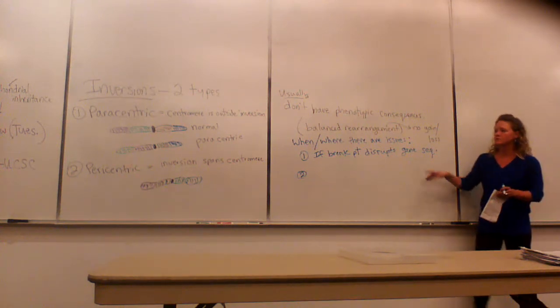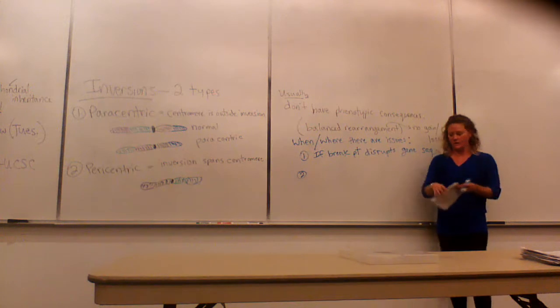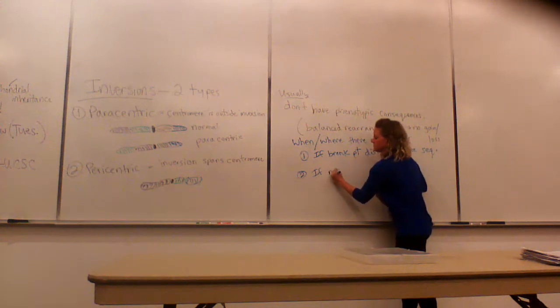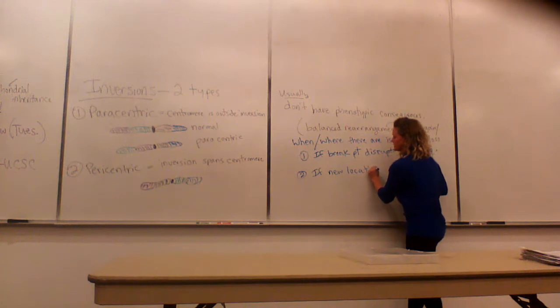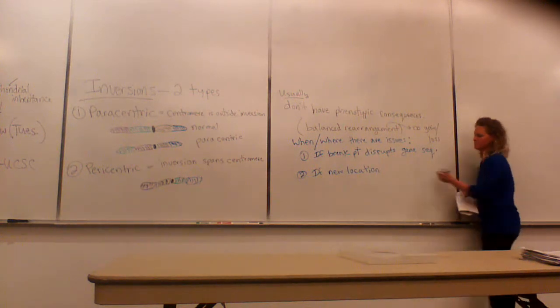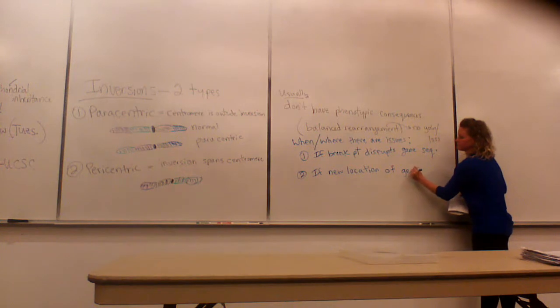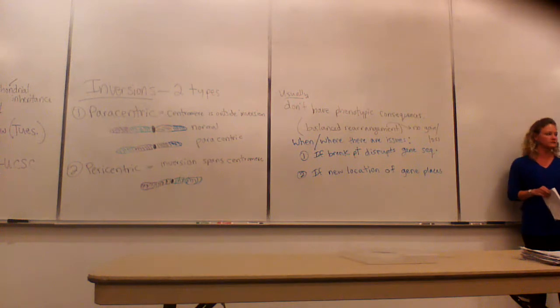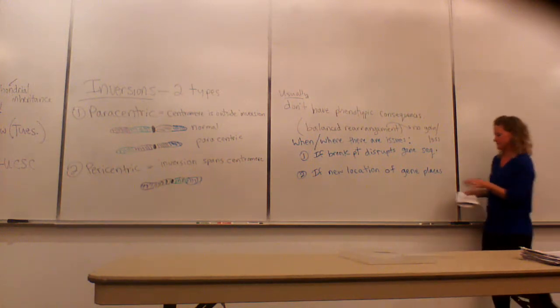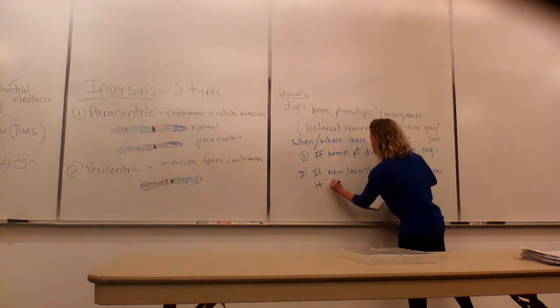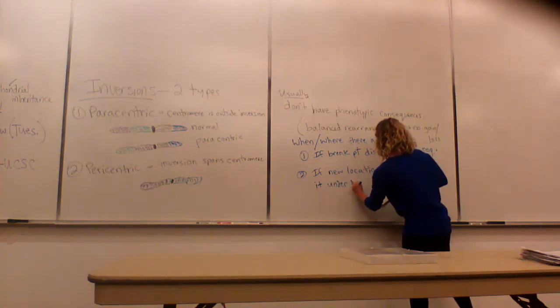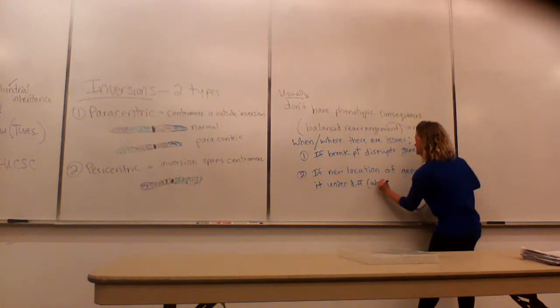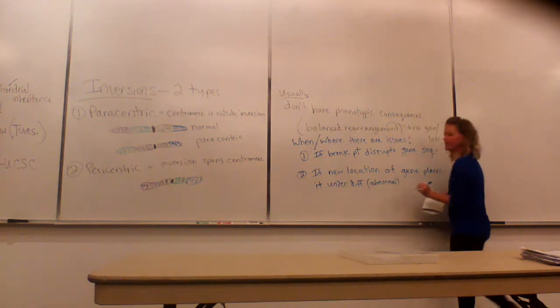So if you move these sequences around, and if that new location is under some other type of gene regulation and control, so if you move a gene, and its new location now puts it in a really silent region of the genome or a highly upregulated region of the genome, either way, somehow now your gene's under different expression control. So whatever is abnormal for that gene.